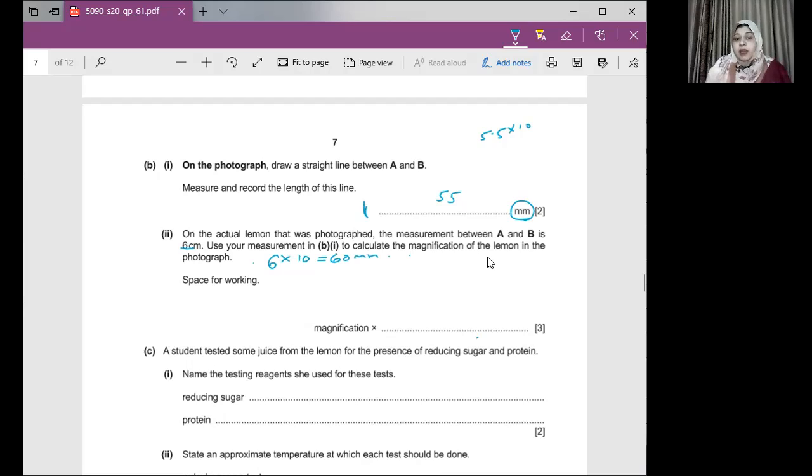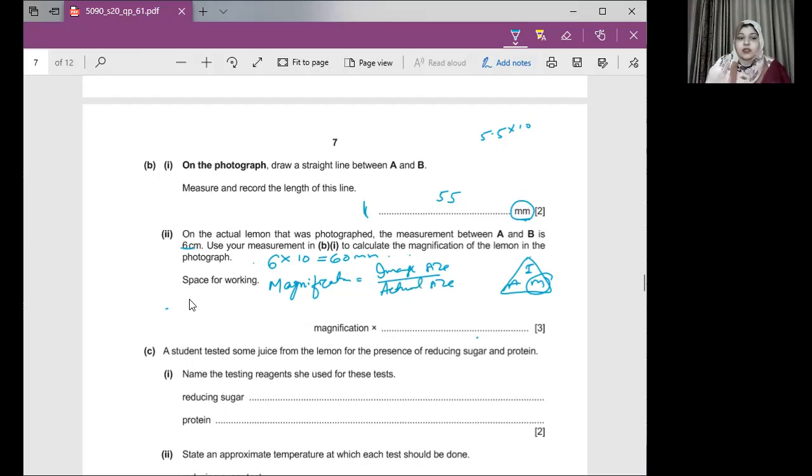Now come to the magnification formula. Keep one triangle in your mind, that I am triangle. I is always on top. So for the magnification formula, you have to write down the complete formula. Magnification is equal to image size divided by actual size, right?